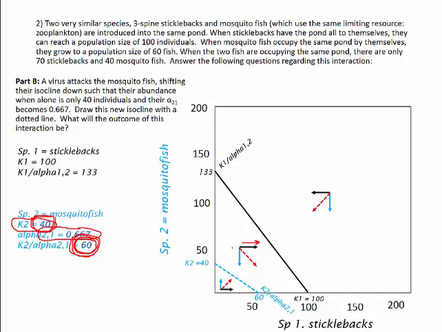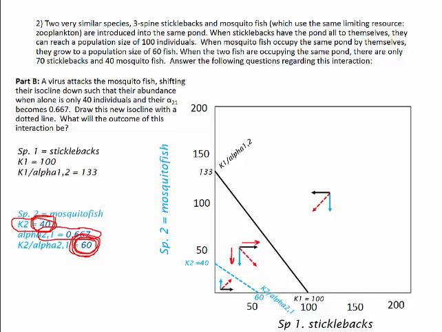And so that's represented by the down blue arrow here, indicating against the vertical axis a decline in the population size because they are way past their isocline for species number 2.